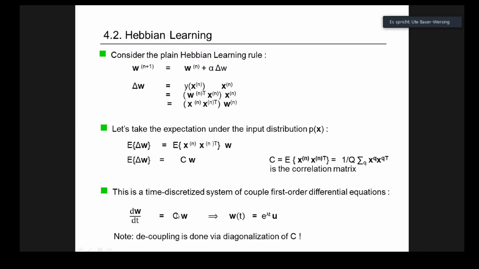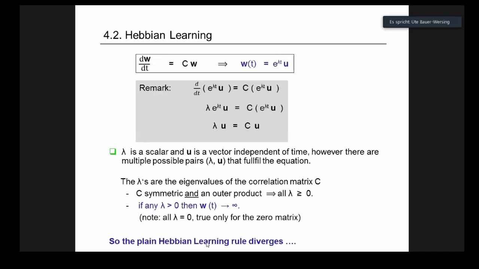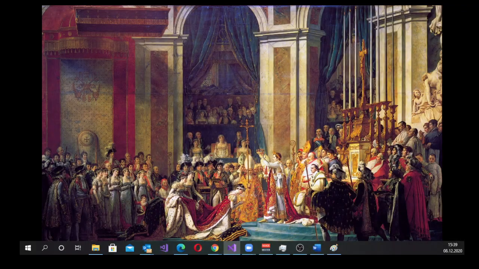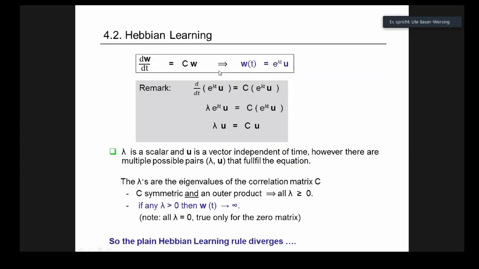This step, the decoupling of the differential equations, is done by diagonalizing this matrix C. You have a matrix and you're diagonalizing it. This corresponds to singular value decomposition or eigenvalues. So let's look again at how we come from here to there.